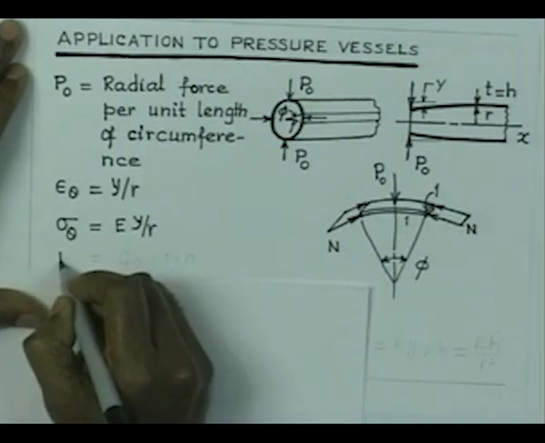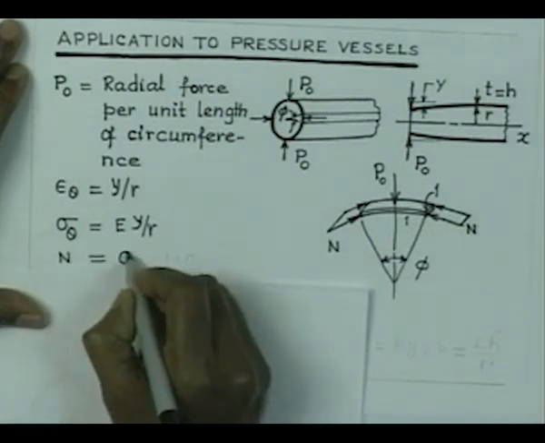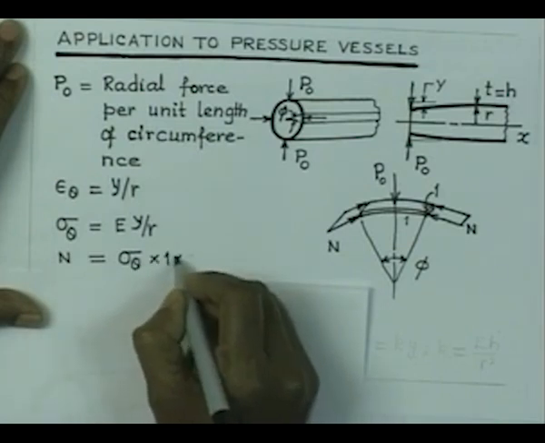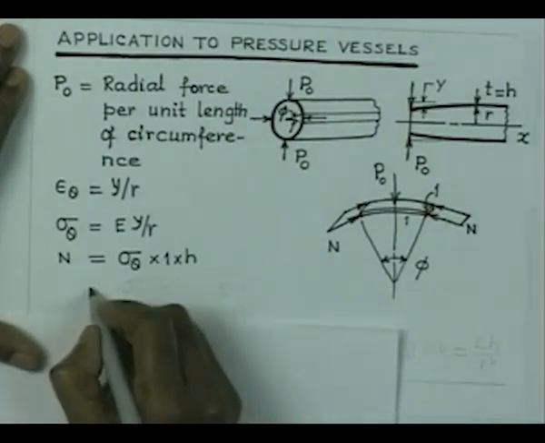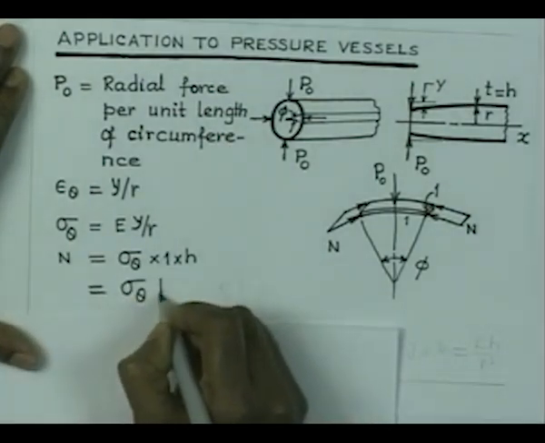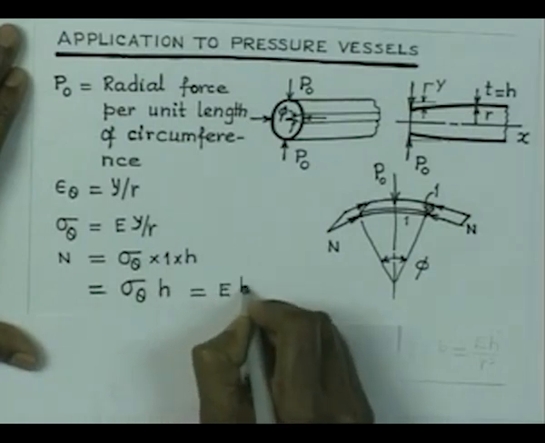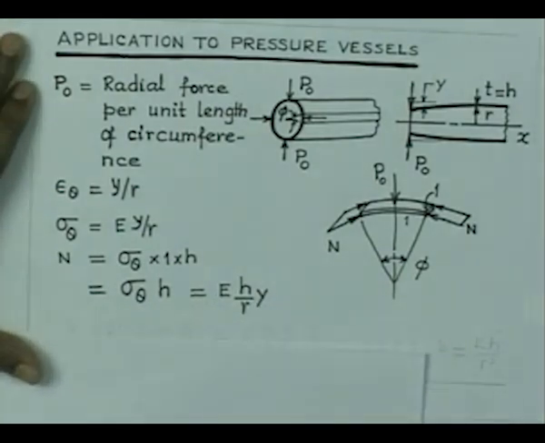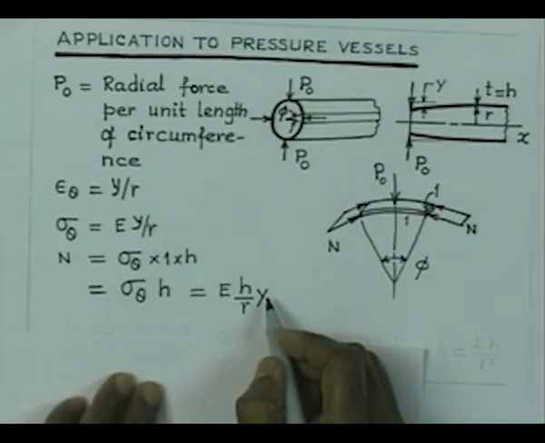So, this N, which is acting over a unit length along the length, is sigma theta multiplied by the area, which is 1 into thickness. If you substitute all this, it gives sigma theta into h, and therefore it is E h by r into y, and you see that we got something which is now proportional to displacement.